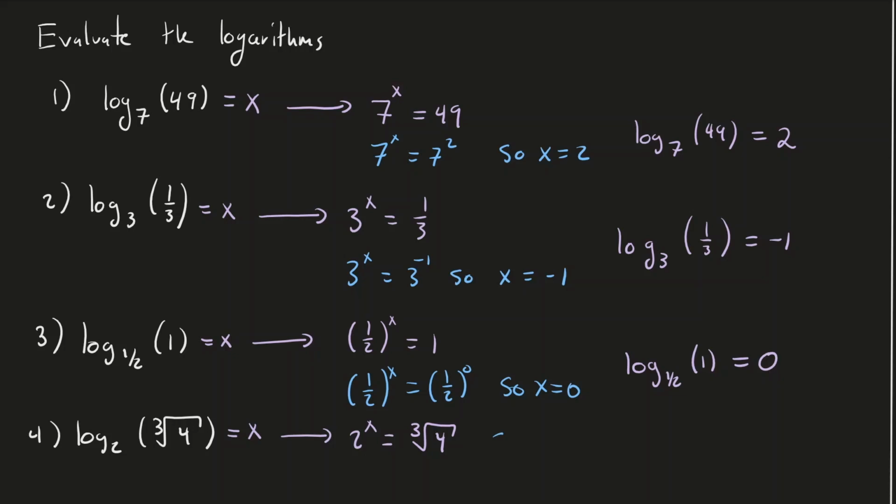So then this converts to 2 to the x is equal to 2 to the 2/3. So x is in fact 2/3, yielding the logarithmic value, log base 2 of the cube root of 4 is equal to 2/3. That's completely fine and completely valid.